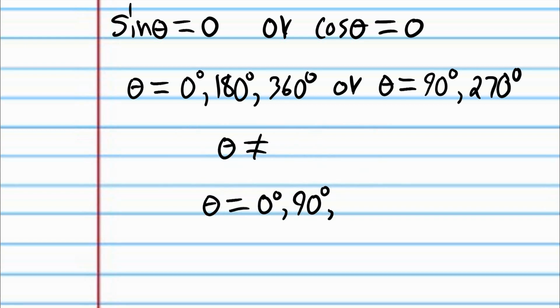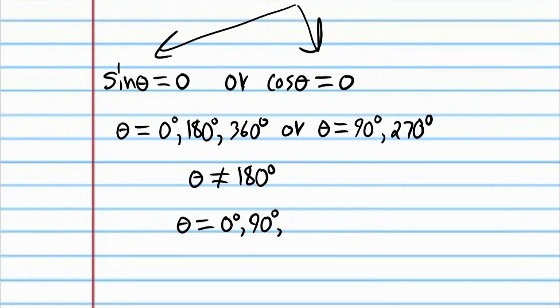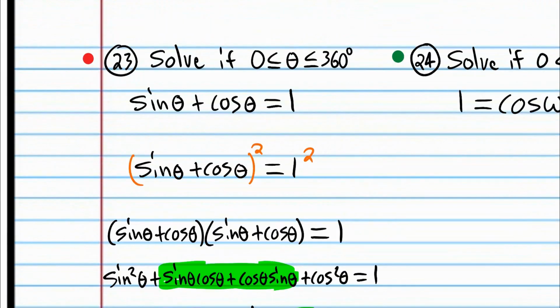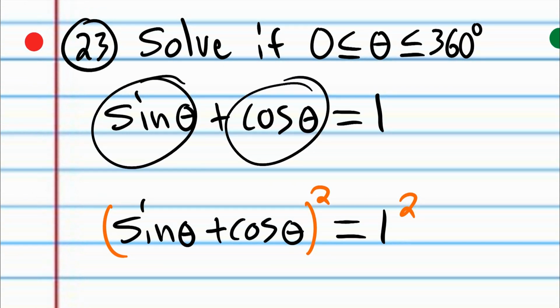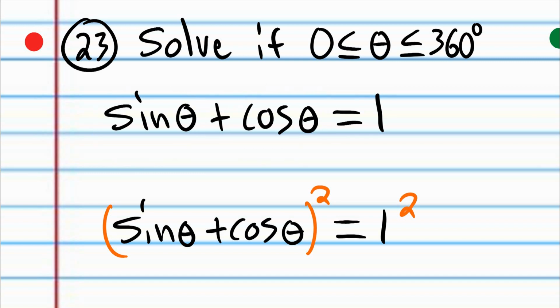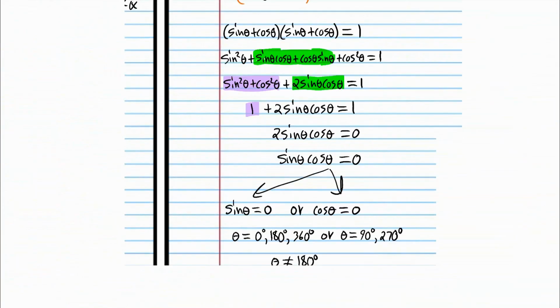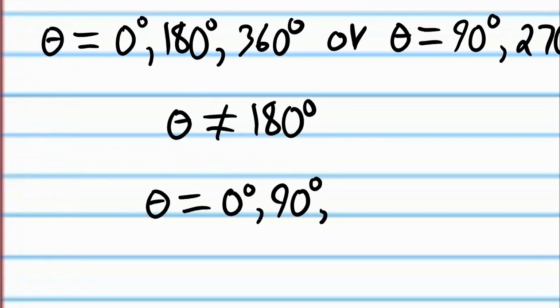So theta is not equal to 180 degrees. What about 270? Sine 270 is -1, and cosine 270 is 0. So -1 plus 0, that doesn't work. So 270 is also an extraneous solution.